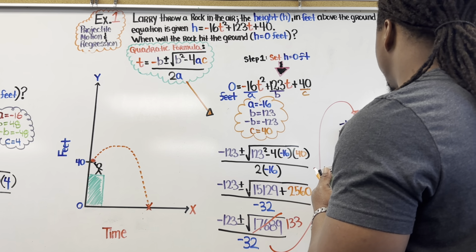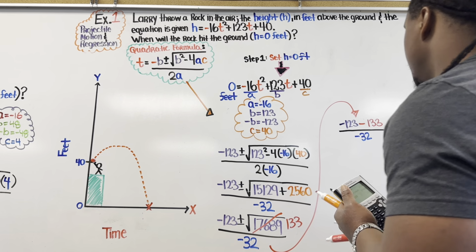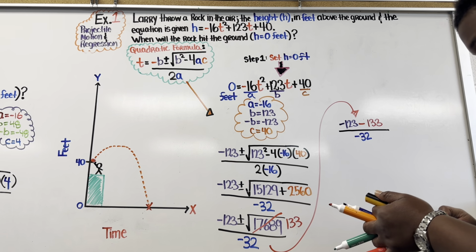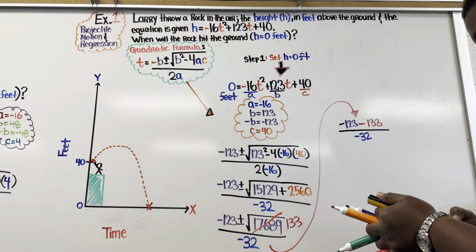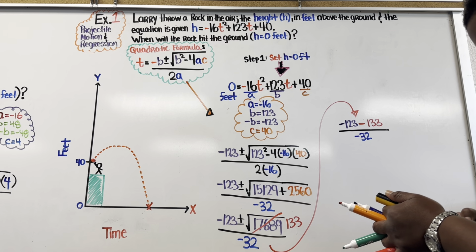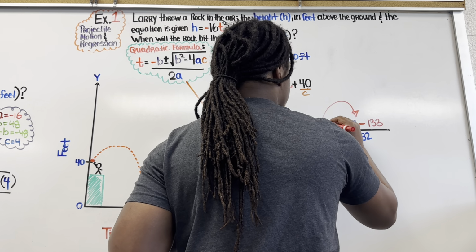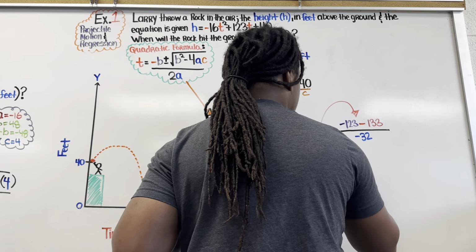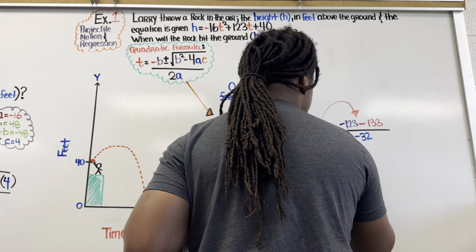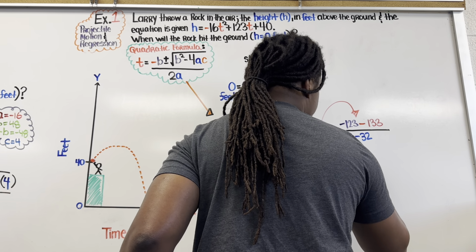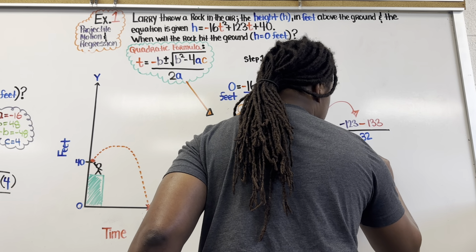We do negative 123 minus 133, divided by negative 32, and I get 8. So it will take the rock 8 seconds to finally hit the ground from its projectile motion.